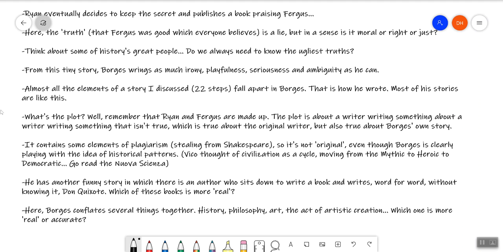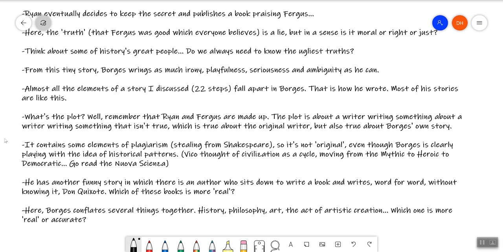So Borges, a writer, is writing a story about a writer, writing a story about a writer, writing a story about his grandfather, which the accounts that everybody knew, there's another layer of the story, aren't true. Okay? So, yes, like I said, there's 5 layers. There's 5 structural layers in the story itself.